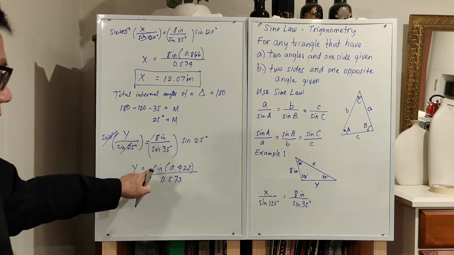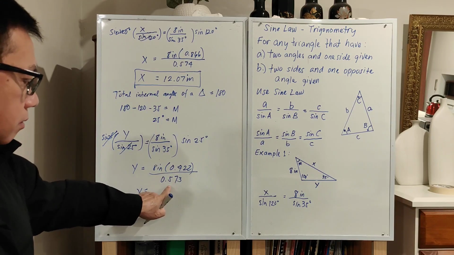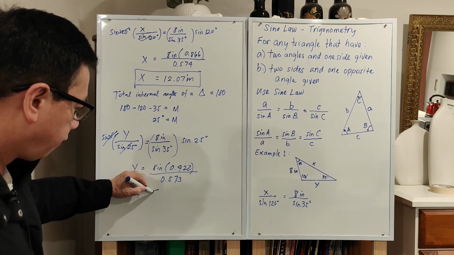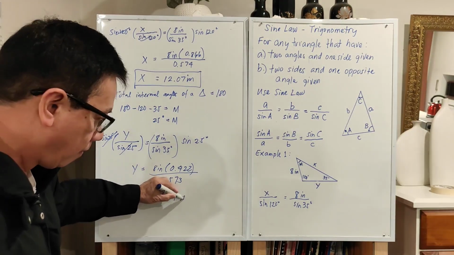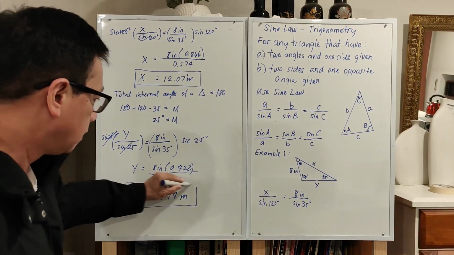If we multiply 8 inches to this one divided by this one, we have 5.894 inches.